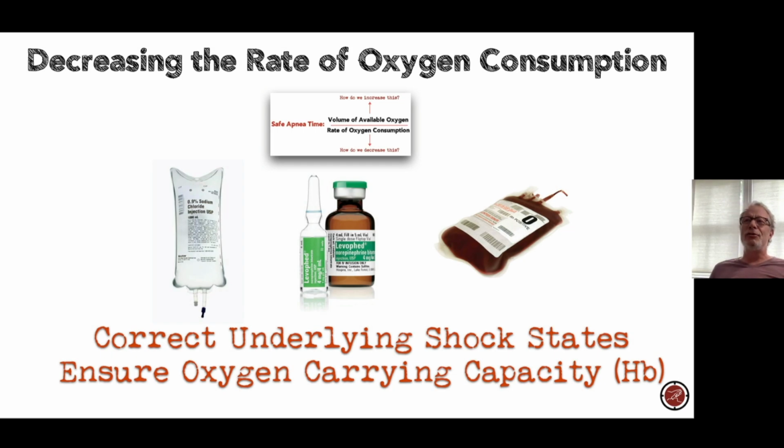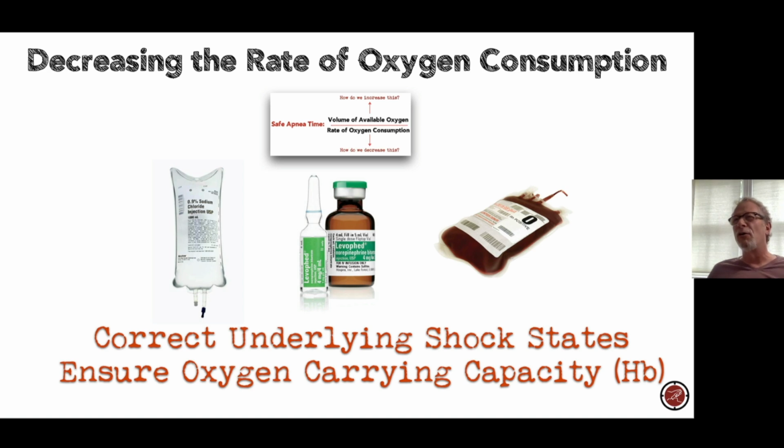What we do need to recognize is that it's not just about oxygenating the blood. We need to push that blood around to where it needs to go: the brain, the heart, and the tissues. So we need to correct underlying shock states. If they need to be resuscitated from a sepsis point of view, we need to give them fluid.